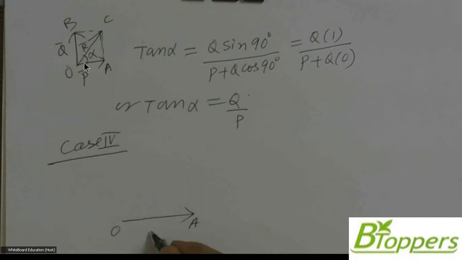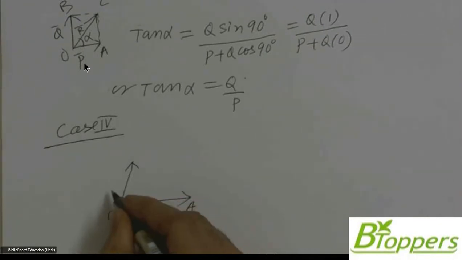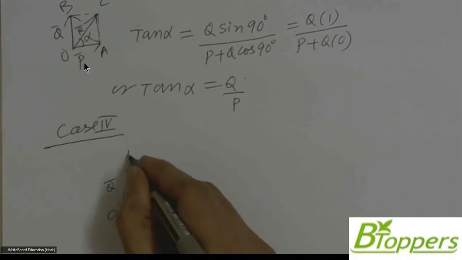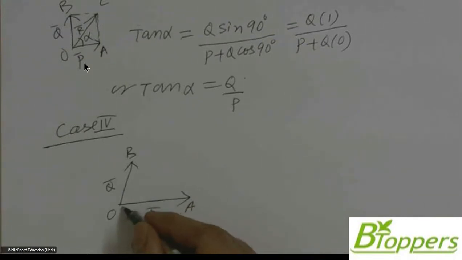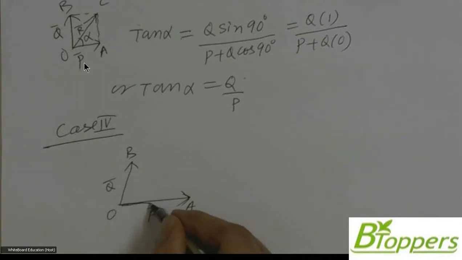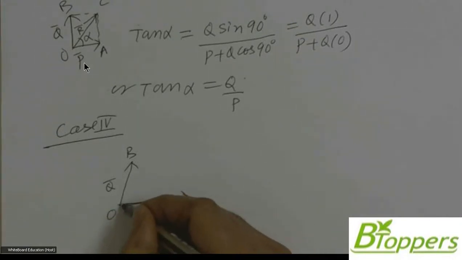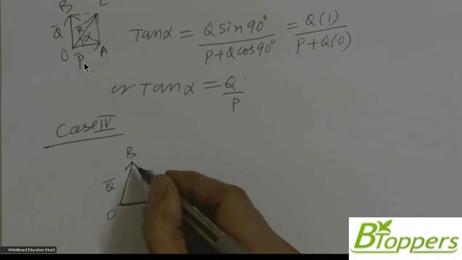In the earlier diagram, I represented vector p bar by the direct line segment OA bar, and the vector q bar by the direct line segment OB bar. If the two vectors p bar and q bar have the same magnitude, the length of the line OA will be the same as the length of the line OB in the graphical representation.